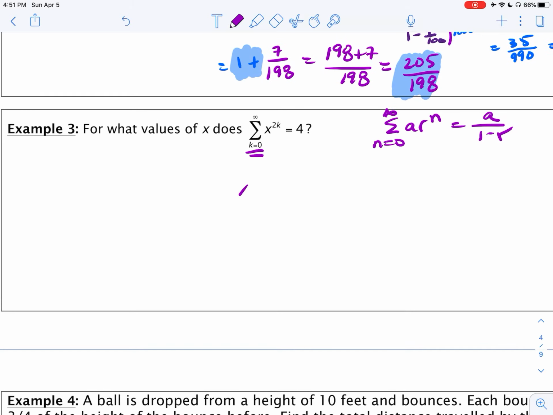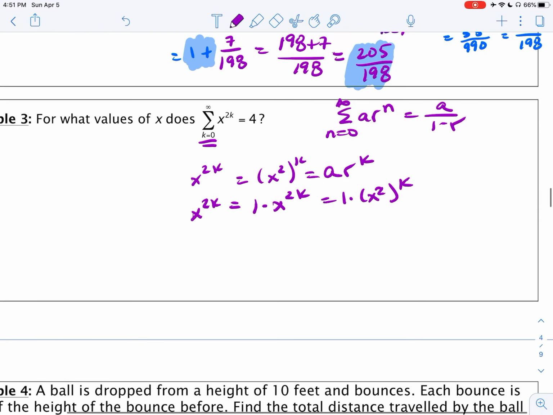So if I rewrite x to the 2k with k as my index, I know from exponent laws that x squared to the k is going to give me the r to the k that I need. And also I can see that x to the 2k is going to equal 1 times x to the 2k, which is 1 times x squared to the k. And that is going to equal my a times r to the k.